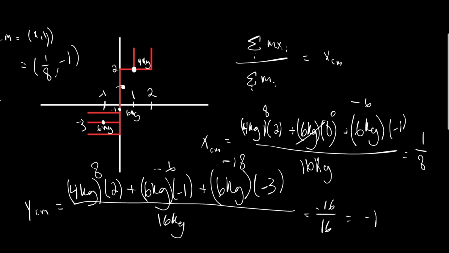Physics is complicated, abstract, and it doesn't make sense at times. But this is the way you do it. This is how you find it, which is just multiply the mass times the component's position, depending if you're solving for the x or y component, and divide by the total mass of the object. Now let's take a look at another example.